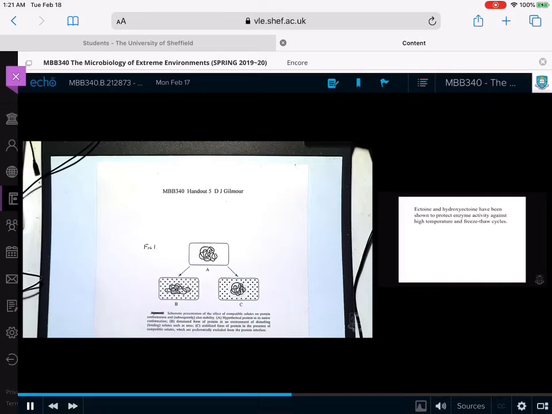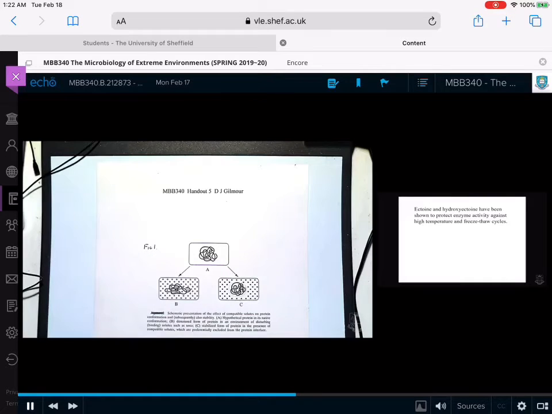Okay, so moving on to a little bit of what the compatible solutes can do. I did mention glycerol in the 303 lectures, but ectoine and hydroxyectoine are also known to be very good at protecting cells, not just from high salt concentration, but also from high temperature and freeze-thaw cycles.